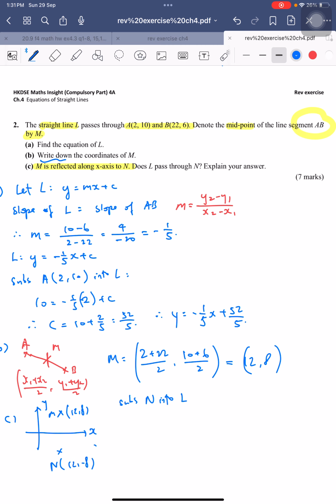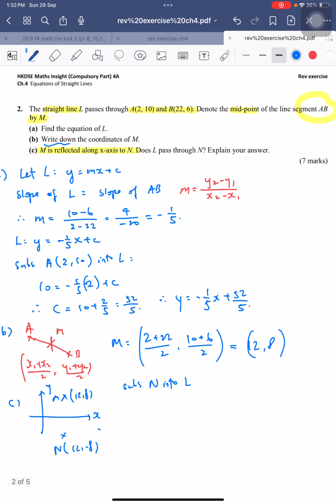Again, because it's reflected along the x-axis, we need to change the value of y to negative. So substitute N into L. The left-hand side is just the y value, which is negative 8. And the right-hand side is negative 1 over 5 times x, which is 12, plus 52 over 5.